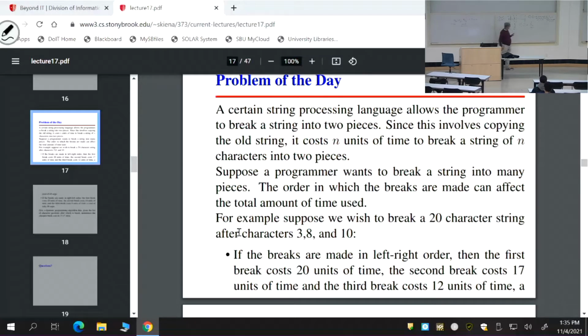Now you're telling me the cost if I make a cut at j is going to be the length of the stick from i to j, right? What is the length of the stick from i to j? Okay, if I have the cut from here to here, what is the length of the stick from the first cut to the fourth cut?